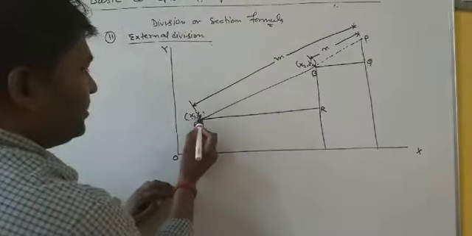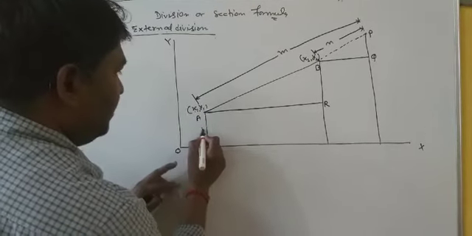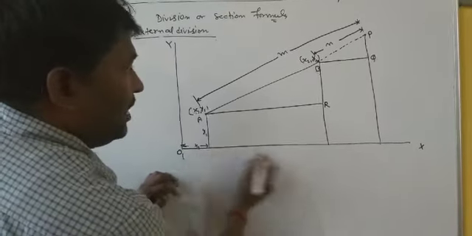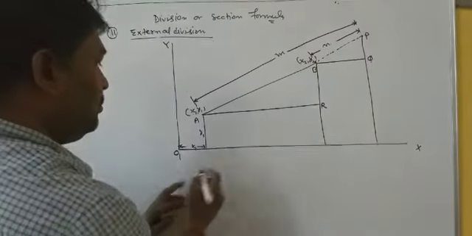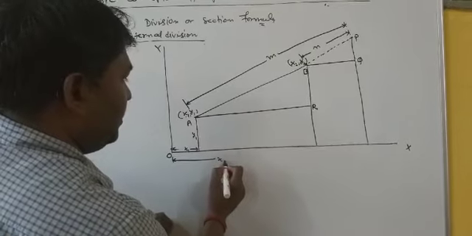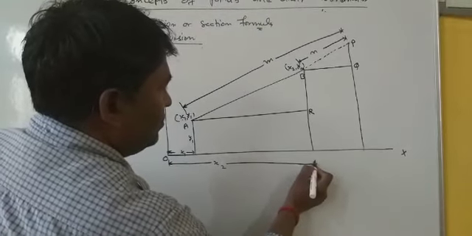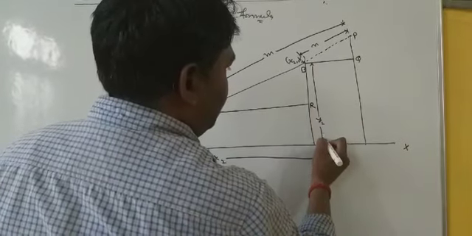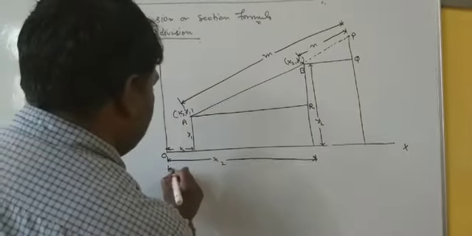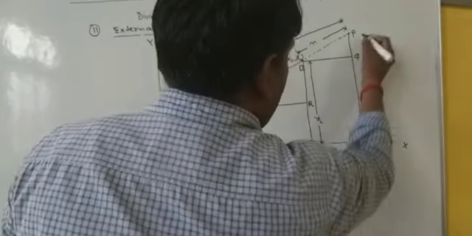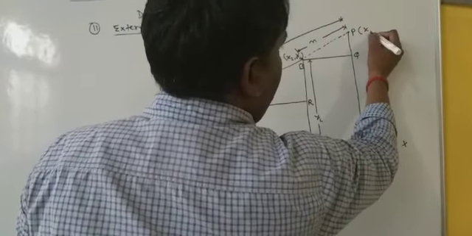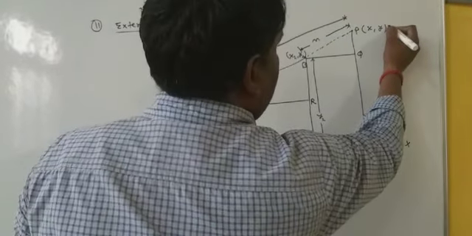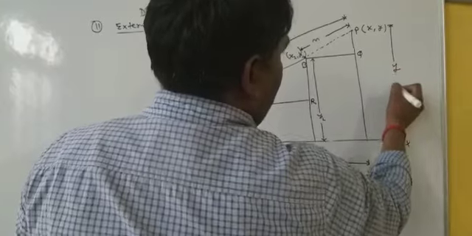So according to abscissa and ordinate, this is your y1, this is your x1 from here to here, and this coordinate is x2, y2. So this one is your x2. This distance is your y2, and here this distance, let the coordinate be P, px comma y. So this is your x, and here this total distance be y.